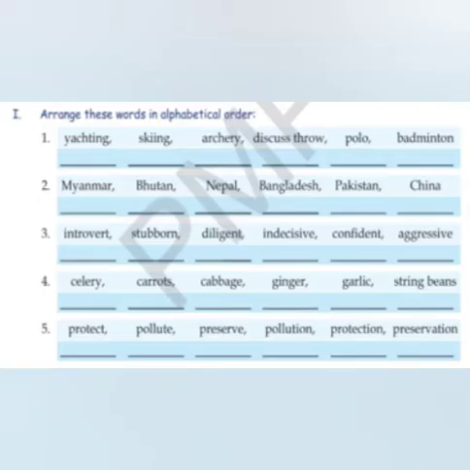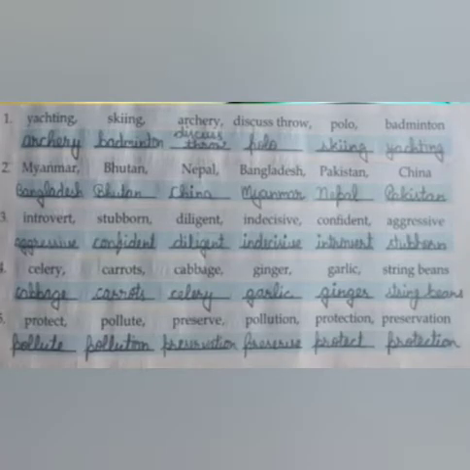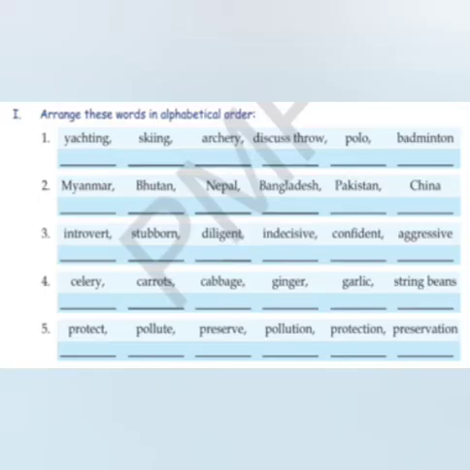Now we have question 4. This is celery, carrots, cabbage, ginger, garlic, and string beans. So the order will be like this: cabbage at first, then carrots, then celery, then garlic, then ginger, and string beans at last. Now number 5: protect, pollute, preserve, pollution, protection, and preservation.